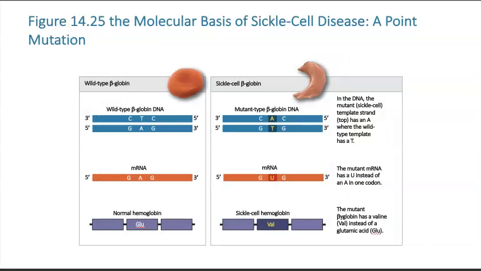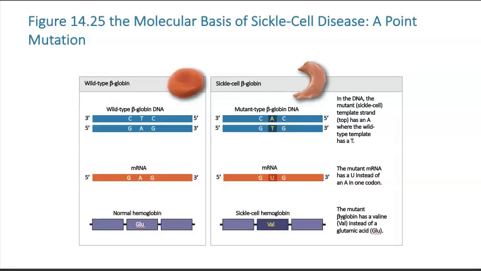Let's take a look at a very specific point mutation that causes a very deadly disease called sickle cell. And we've talked about this before, but I want to show you what's going on here at the level of the DNA, the mRNA, and then the protein. So this is what we call the wild type. Remember that we use that word wild type to refer to the most common type.